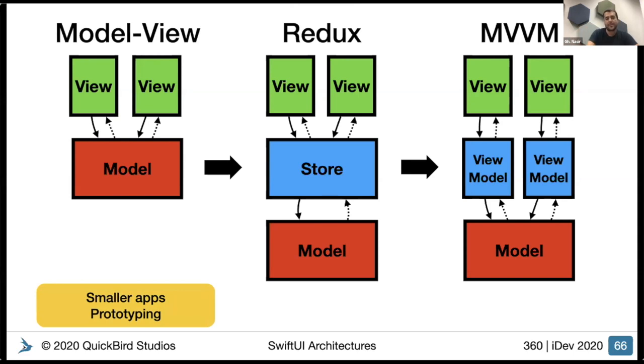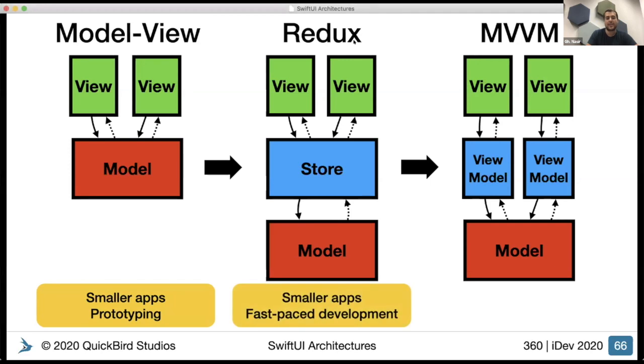Then the Redux architecture makes sense for smaller apps which need to be flexible, where you need to be able to move a view from one place to the other without actually caring much about it. However, the apps should also be quite small, so that the store doesn't blow up to infinity, essentially.